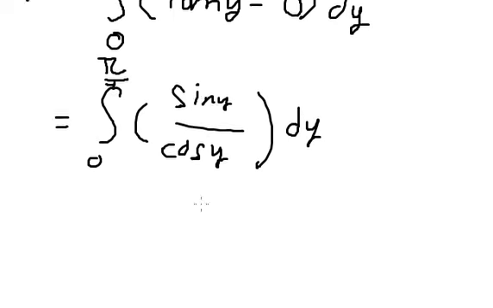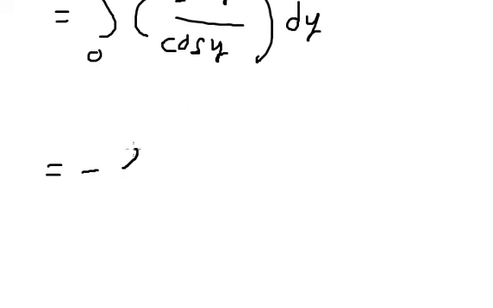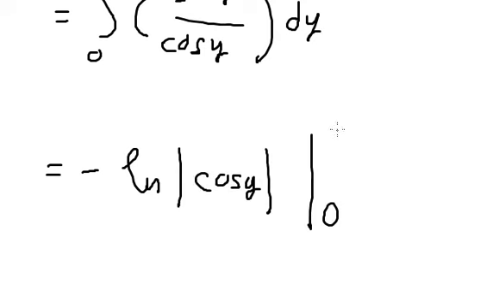The integration of this one, we have negative ln of the absolute value of cosine y, and we put the bounds from 0 to π/4. So we put π/4 in here, 0 in here.